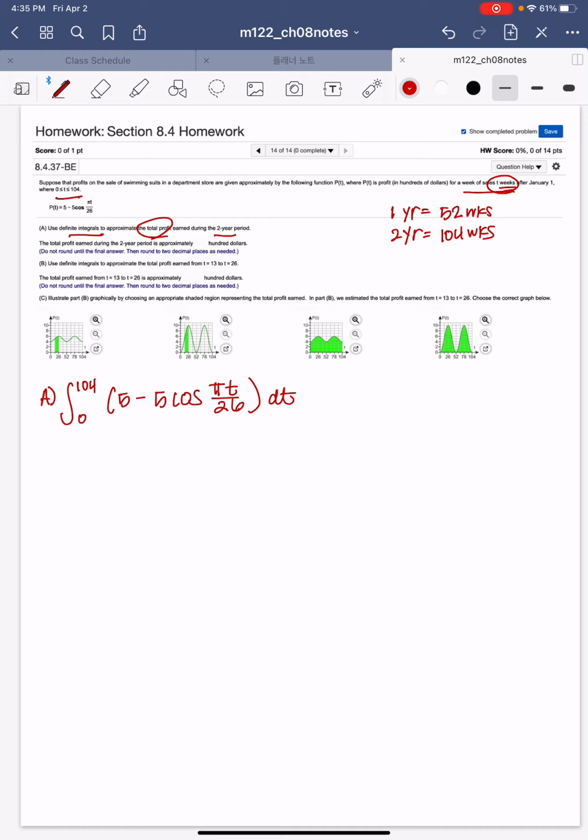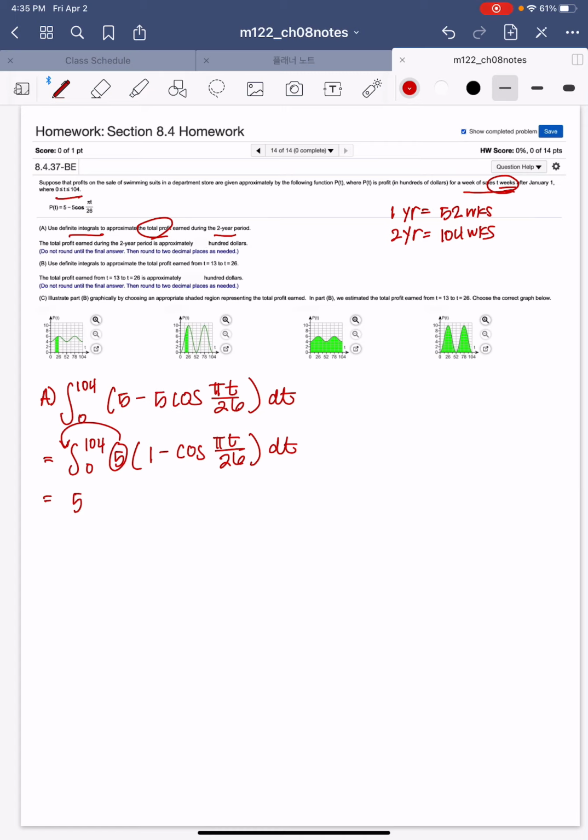Okay, so let's integrate this. Over here, I can pull out the 5. I can factor that out. So let's do that. 5 times 1 minus cosine pi t over 26 dt. And then 5 is a constant, so I can pull that out.